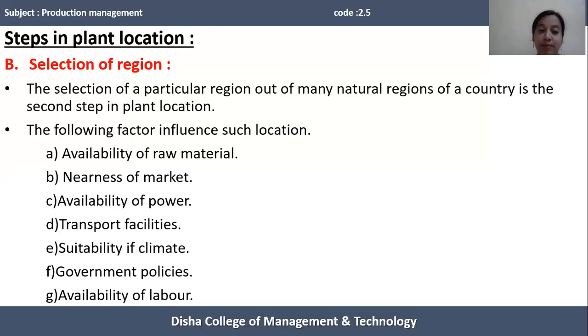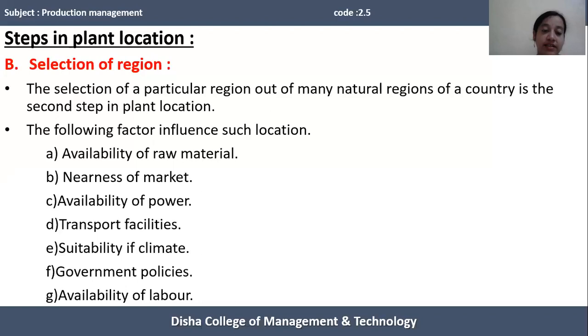So this type of industry must be located near the power generation site. The industrialist should identify a place where the power is generated, so that this type of plant can easily get electricity or power from the generation site.